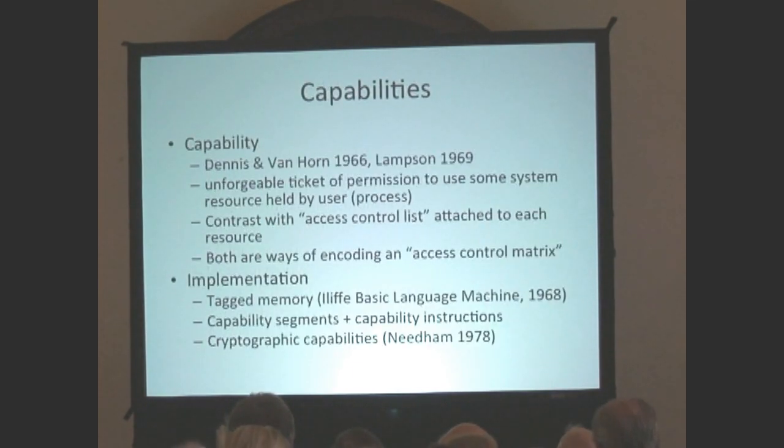So the bright idea on the streets in the late 1960s, early 1970s were these things called capabilities. The earliest paper was by Jack Dennis and his student Earl Van Horn in '66, and Butler Lampson wrote about this stuff in '69. The idea of a capability is that it is an unforgeable ticket of permission to use some system resource, held by a user.